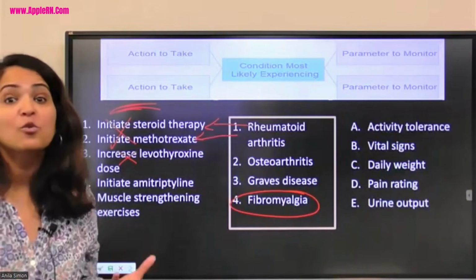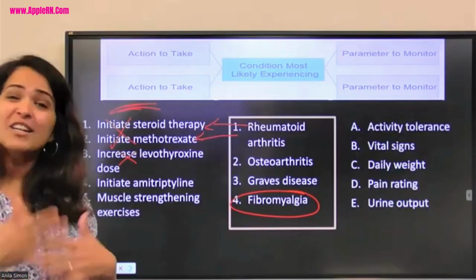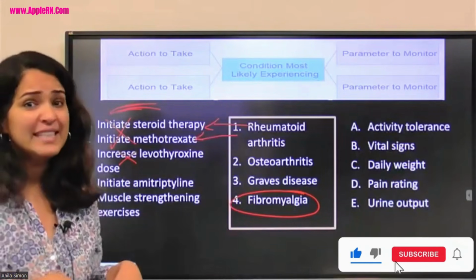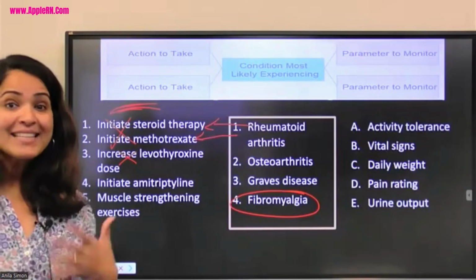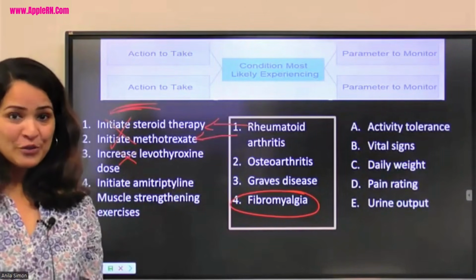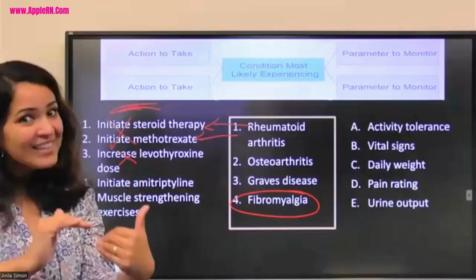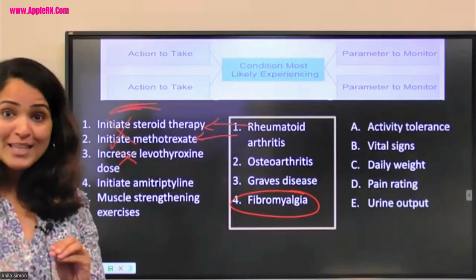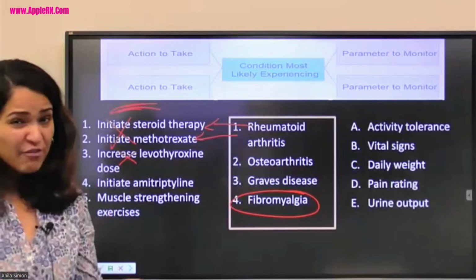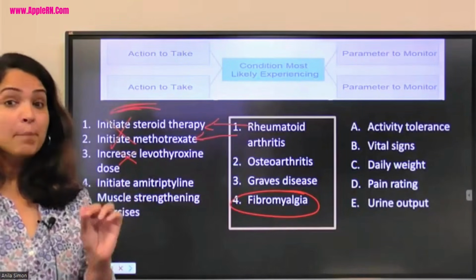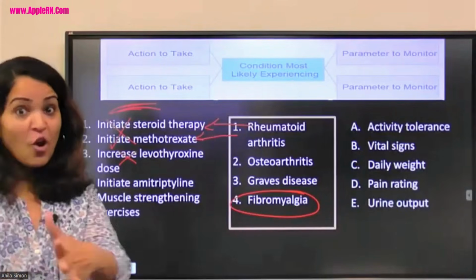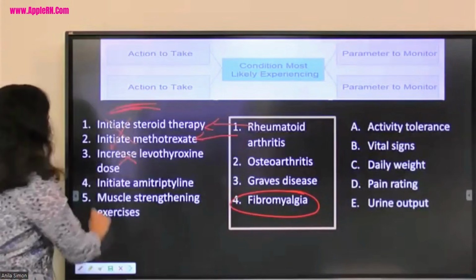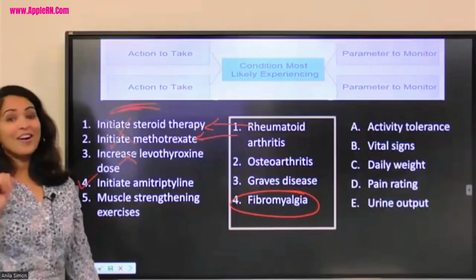The muscles will lose their strength. So it's going to get worse and worse. Probably they're going to deteriorate more, and it is going to affect them. So what is something we can encourage them to do? Muscle strengthening exercise, little by little, with proper rest periods in between, because they're fatigued and it's painful, but they need to keep their muscles working. It's important in the long term. So our answers for this one are going to be 4 and 5.